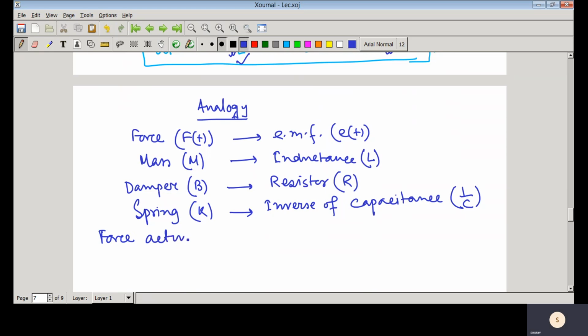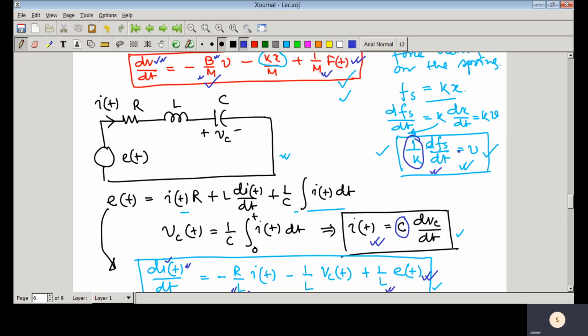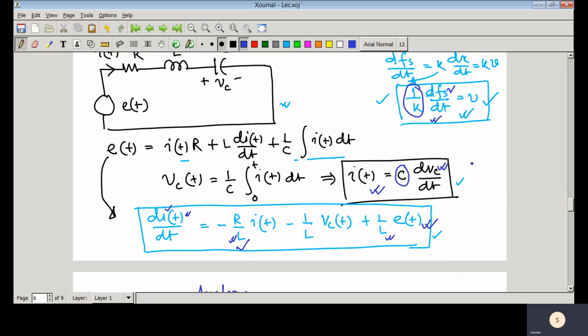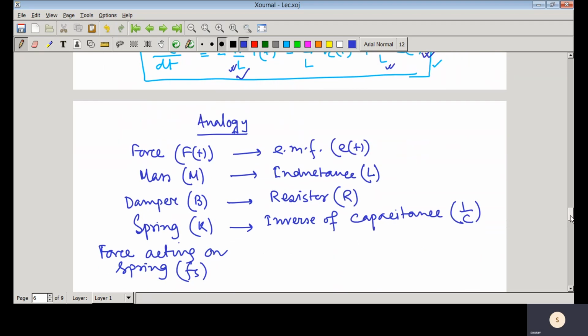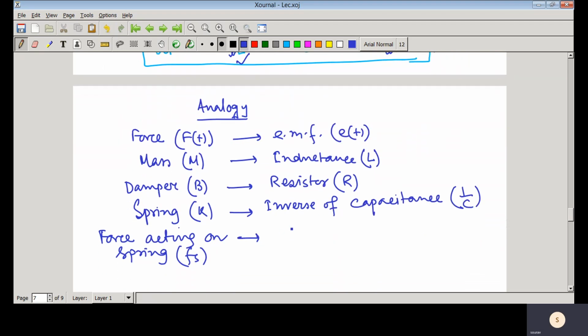acting on the spring, that is Fs. So Fs equals Ks, and here dFs/dt, and here dVc/dt, which is actually the voltage across the capacitance. So that is equivalent to the voltage across C, that is dVc.